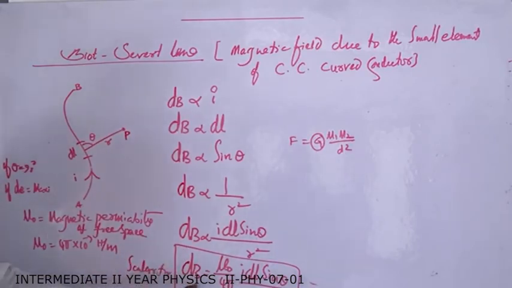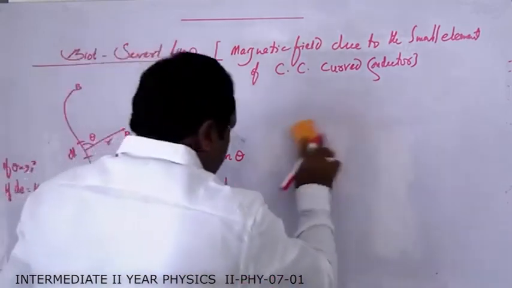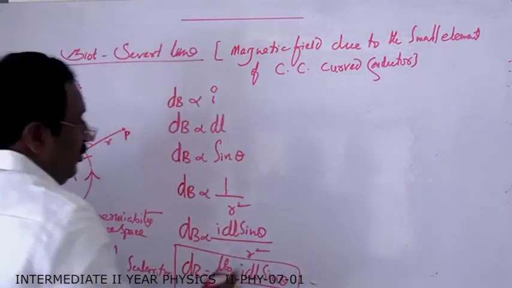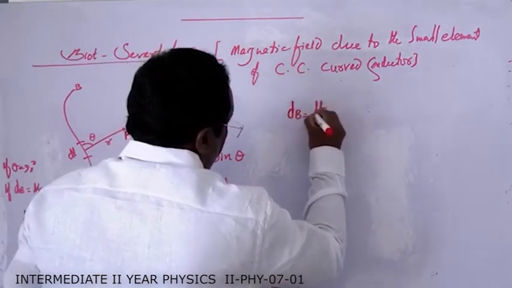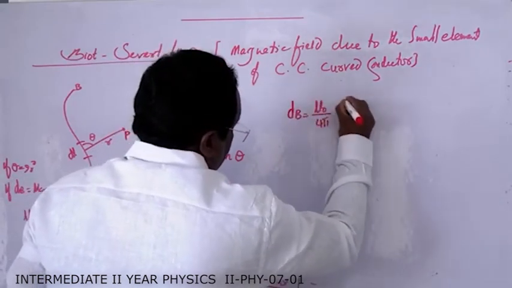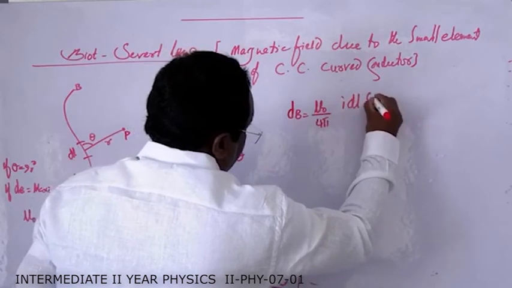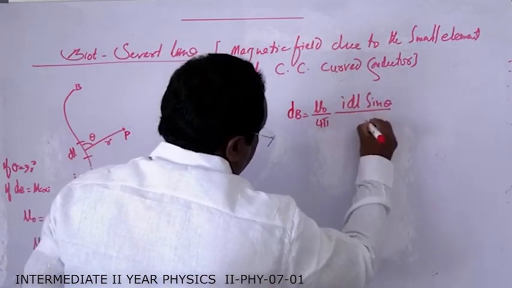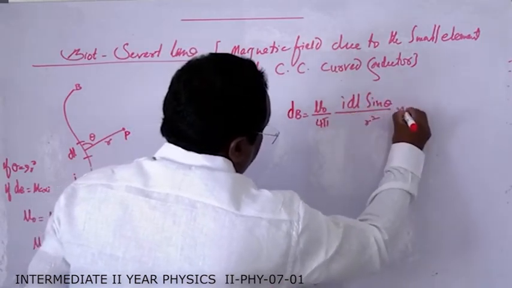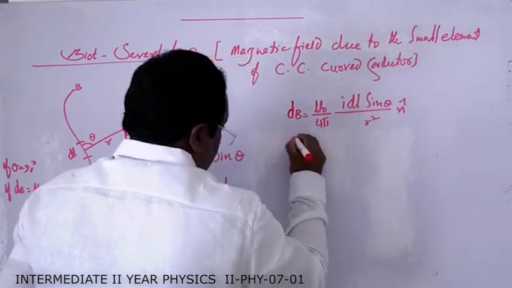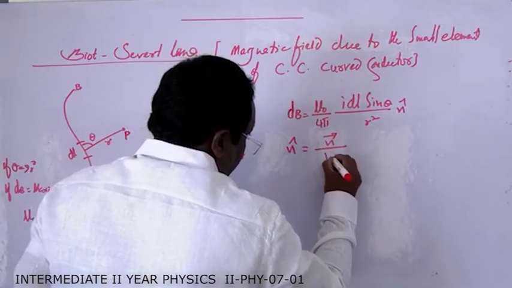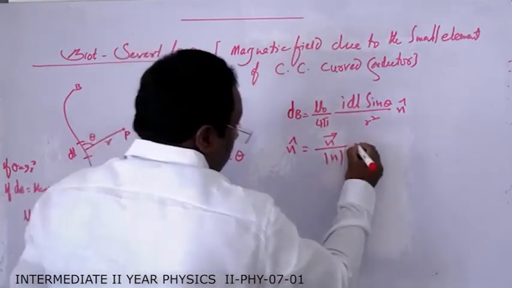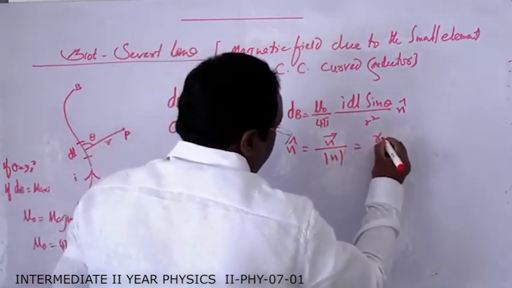If you want to express it in vector form, the given equation is multiplied with the unit vector. dB is equal to mu naught by 4 pi, I dl sin theta, times the unit vector. How can we write the unit vector? The vector r by its magnitude.